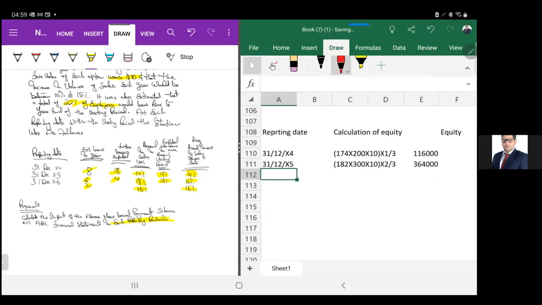Now let us move to the next year, 31st December X6. What will be the calculation of equity for this one? 184 multiplied by, oh sorry, 300 options multiplied by 10 is the fair value, and just to show, although it is of no use, 3 divided by 3 now.